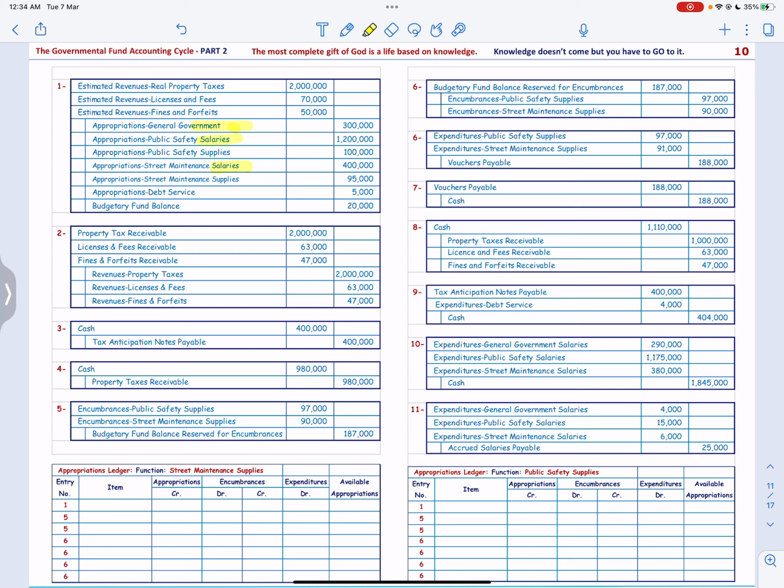So we are not going to prepare the appropriation ledger for salaries.